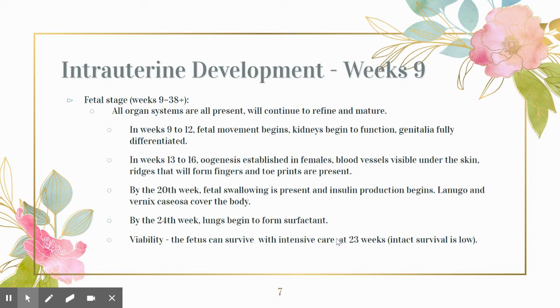By week 24, the lungs begin to form surfactant. Surfactant is a chemical that helps the alveoli stay open, and that's important for being able to breathe. At this point, surfactant is not sufficient. If a baby is born at 24 weeks, we're doing a resuscitation.